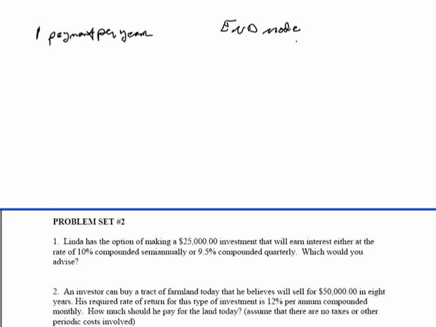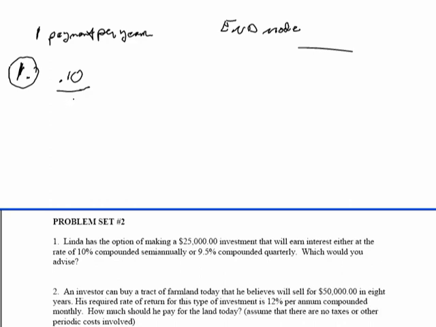So what I'm going to do is, first of all, indicate that we're on problem number one here. And 10% compounded semi-annually, okay, I'm going to write that as a decimal, 0.10. What's the interest rate per period if we compound 10% semi-annually?